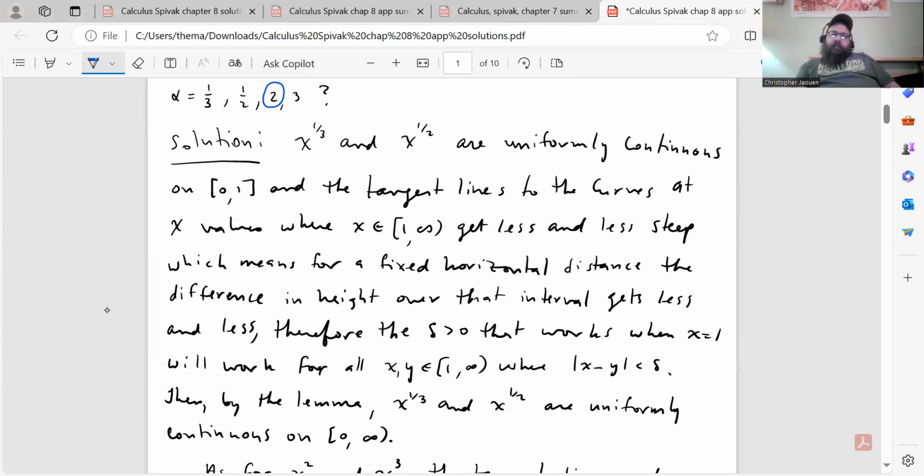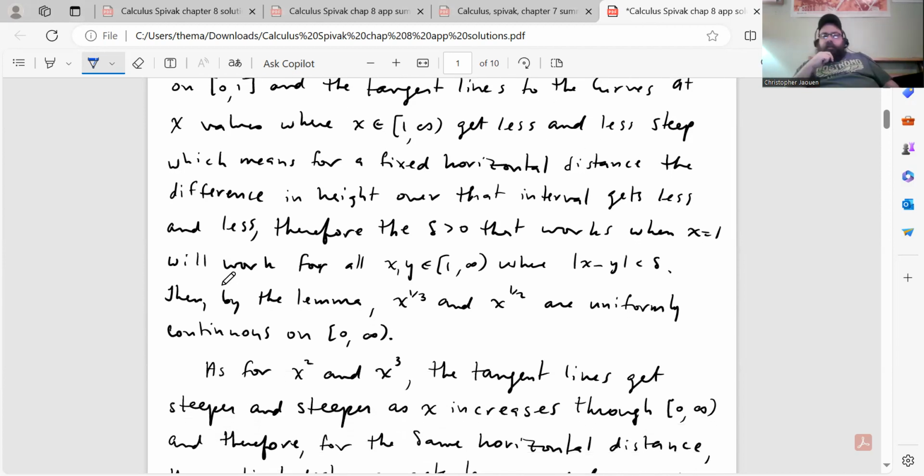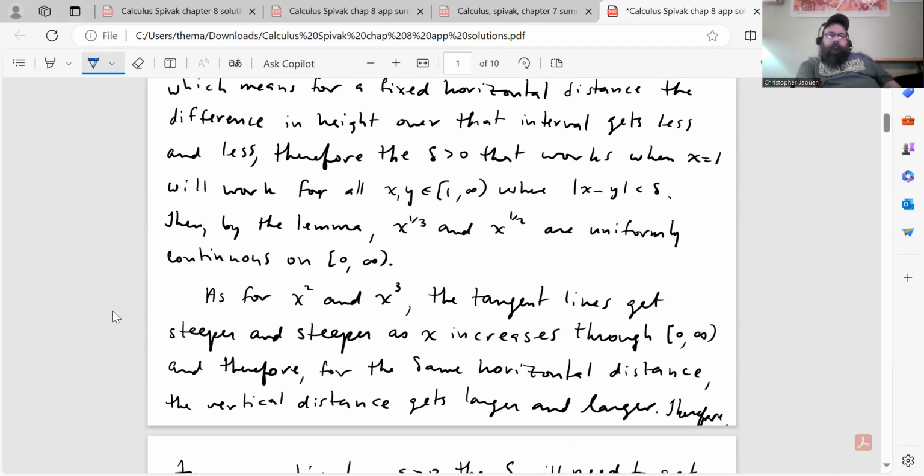Therefore, the delta greater than 0 that works when x is 1 will work for all x, y in the interval from 1 to infinity, where absolute value x minus y is less than delta. Then by the lemma in the appendix, x to the 1/3 and x to the 1/2 are uniformly continuous on the entire interval from 0 to infinity.